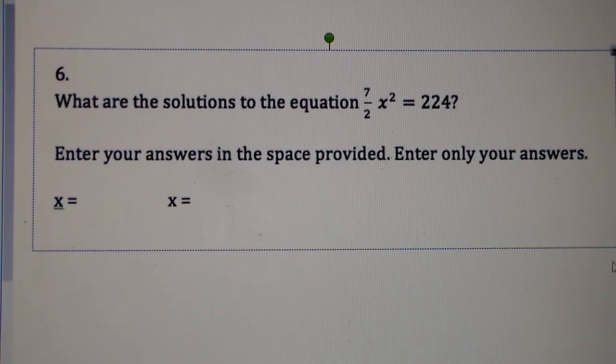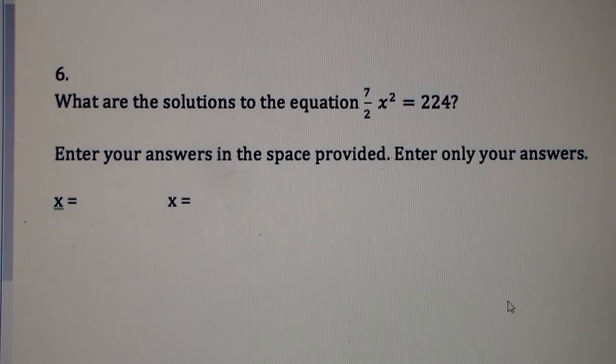There's another one. 7/2 times x squared is equal to 224. Well, we first divide 224 by 7/2, which looks like this on the calculator. 224. Hit the divide by button. Open parentheses. 7 divided by 2.